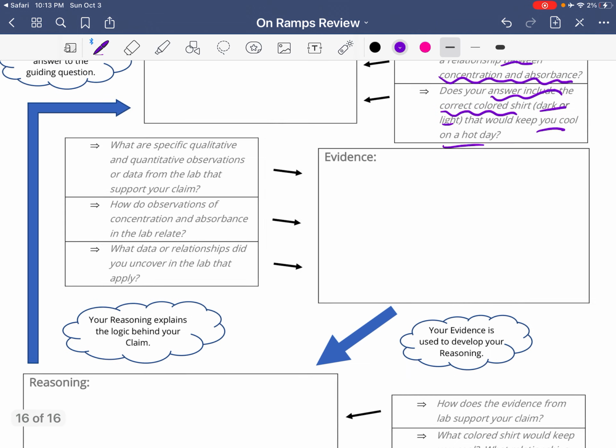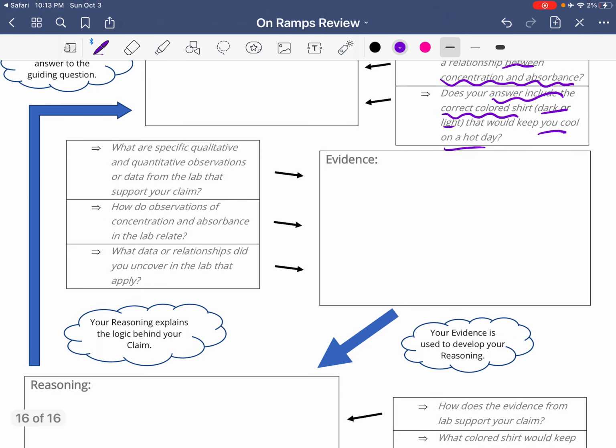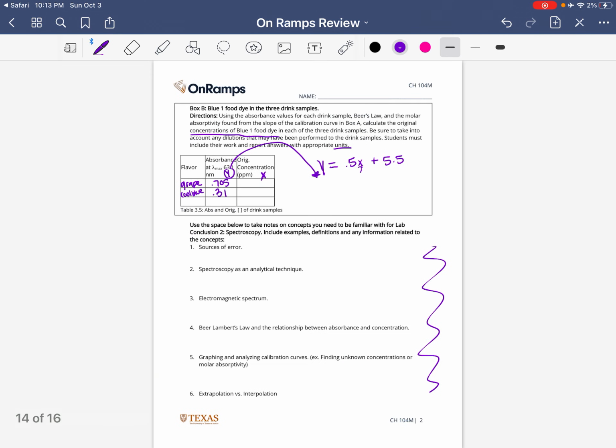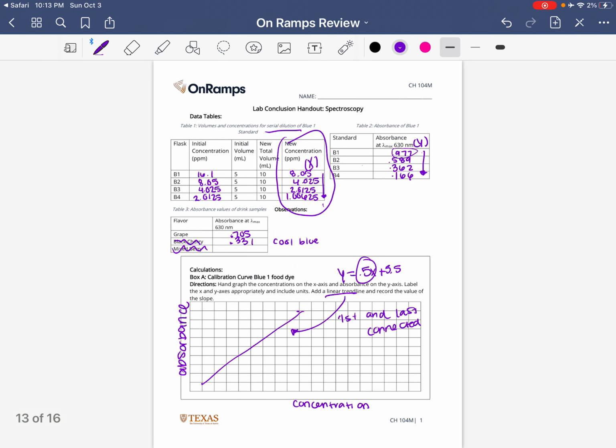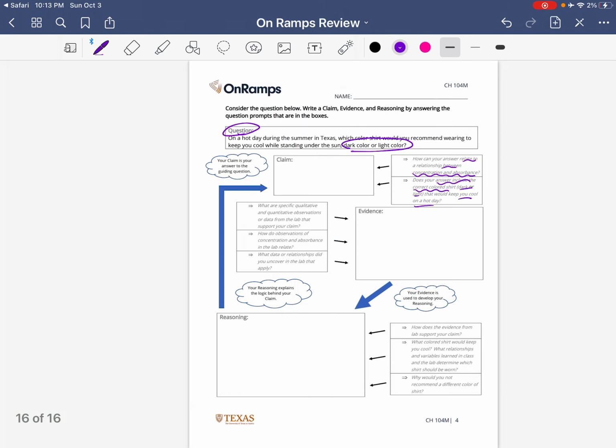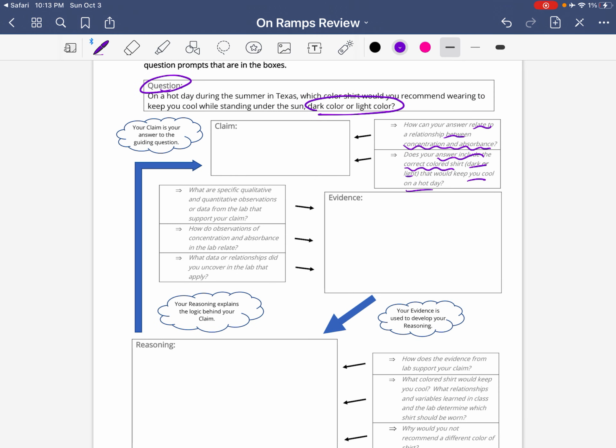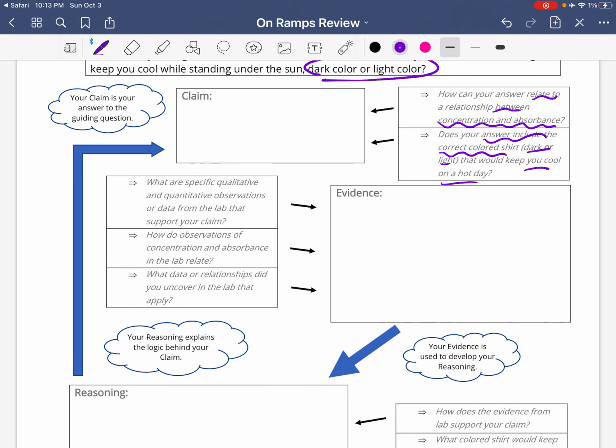Okay, and then give me evidence. So evidence from the lab, particularly our data evidence. So how do the observations of concentration and absorbance in the lab relate? Put what we had just said earlier right there.